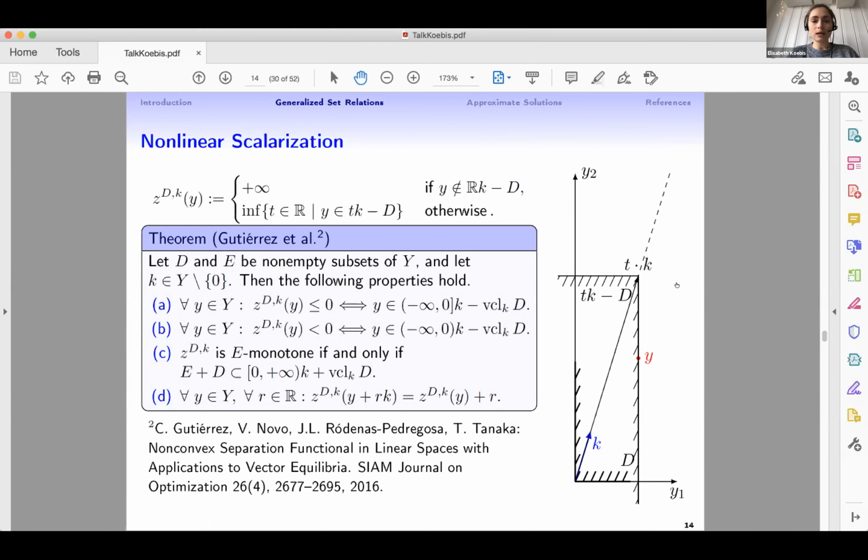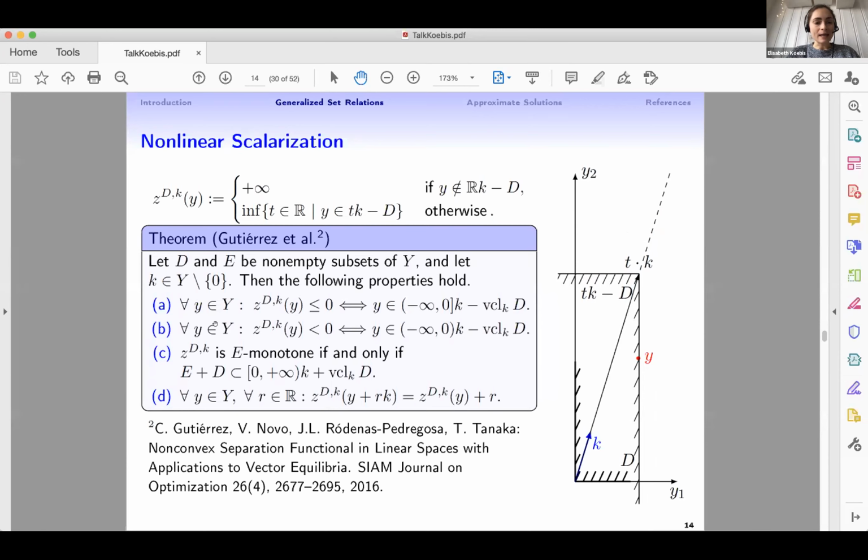We will use the following important properties of this functional, which are found in a paper by Gutierrez and his co-authors. So here D and E are non-empty subsets of Y, and K again is a non-zero vector. Then we have this property. The function value of Z is bigger or equal than 0 if and only if Y is in this set here, where the 0 can be obtained.